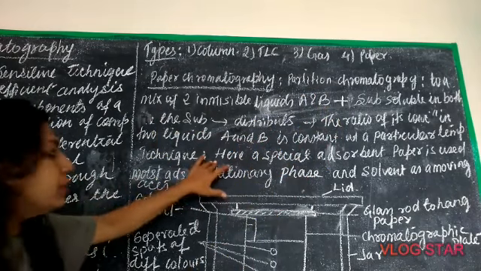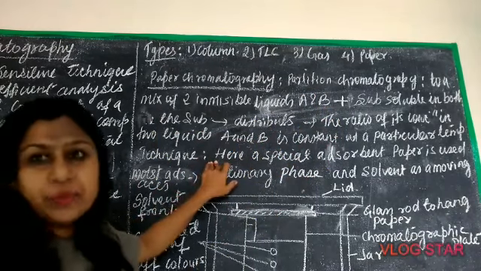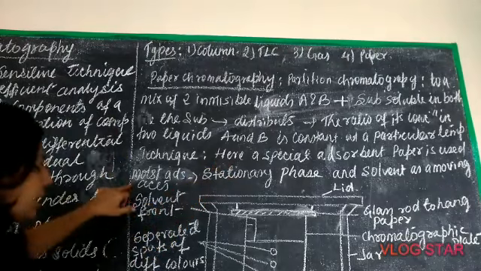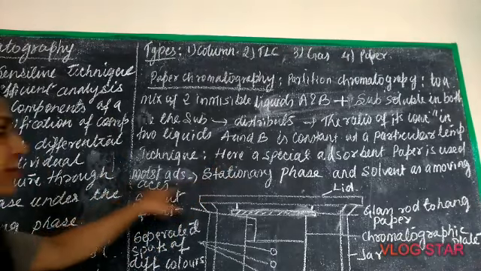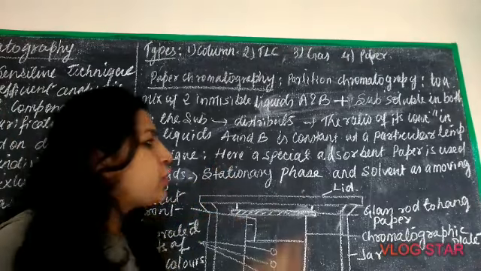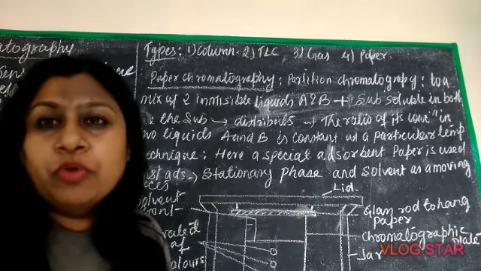Now children, here we are going to use a special absorbent paper. The moist adsorbent acts as the stationary phase and the solvent as the moving phase.